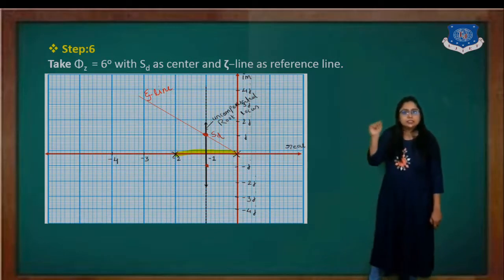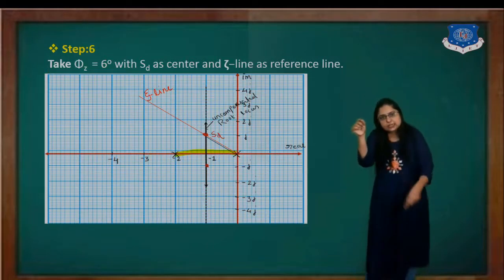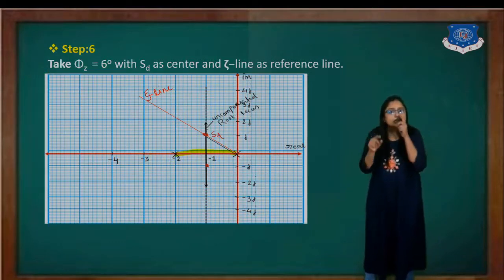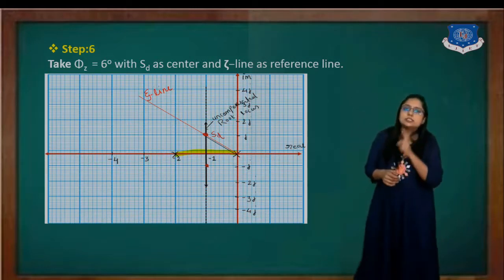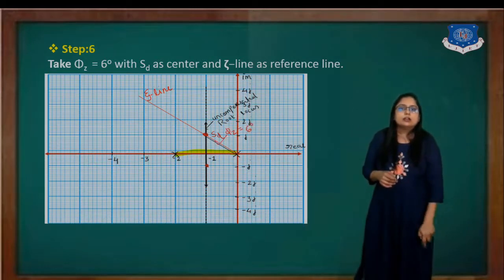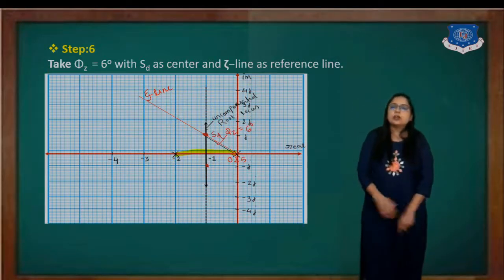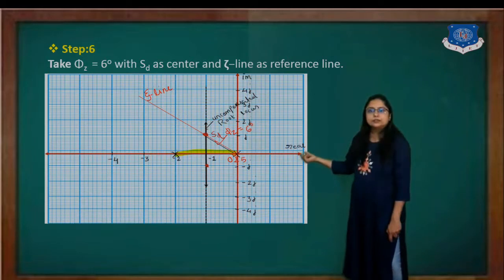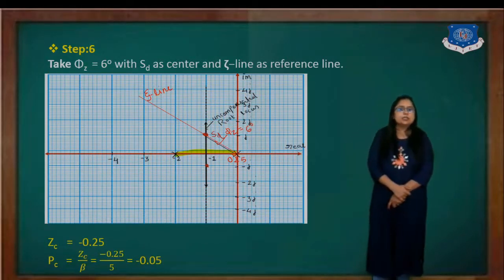Make the angle 6 degree like this and extend that line. Wherever that line intersects my real axis, that point is the zero. Here phi z is less than 6 degree and the point is 0.25. Now PC, how will you get the value of PC?